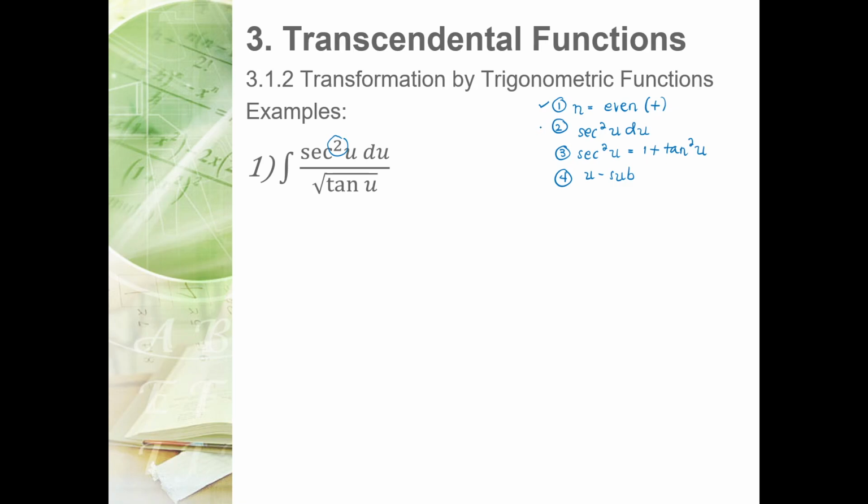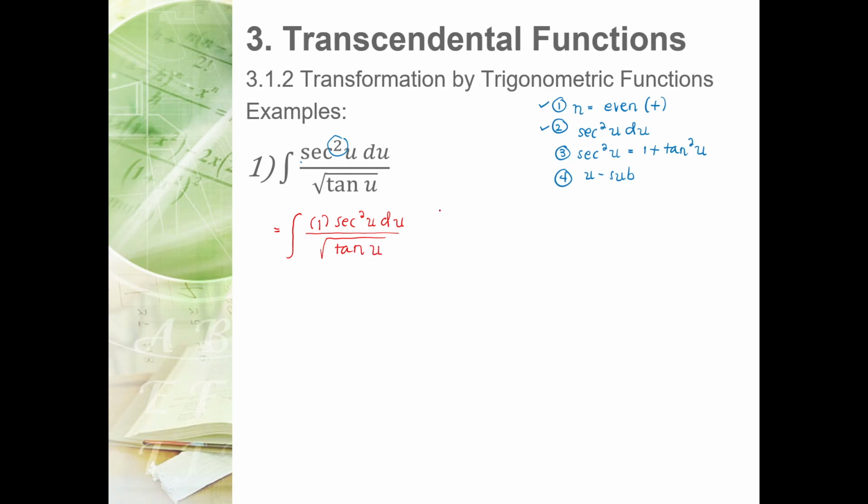So next we factor this one out. Notice that in the equation, it's already factored out. Or if we factor this one out even more, let's say we factor it, secant squared u, so that will be 1 times secant squared u du, all over the square root of tangent u.